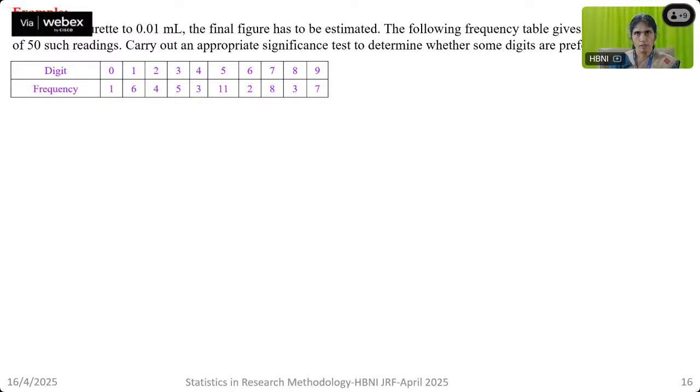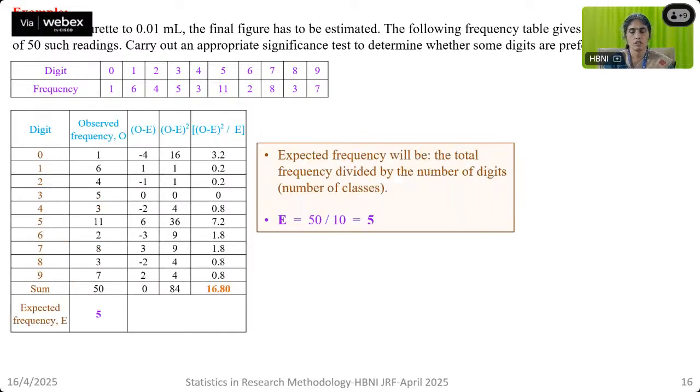From this observation of the frequency of reading a particular digit, can we come to a conclusion stating whether this person has a certain bias to certain digits or not? Here again, we can calculate the chi-square and come to the conclusion.